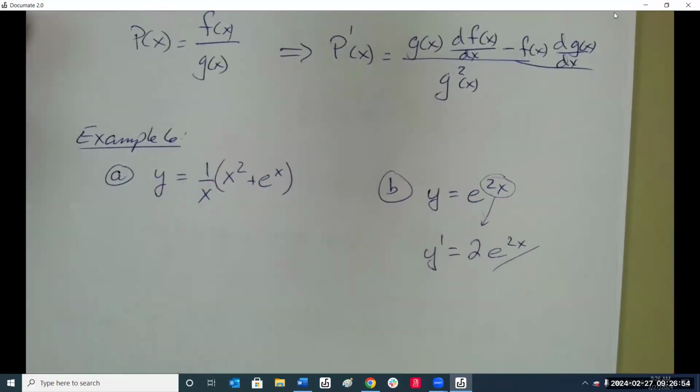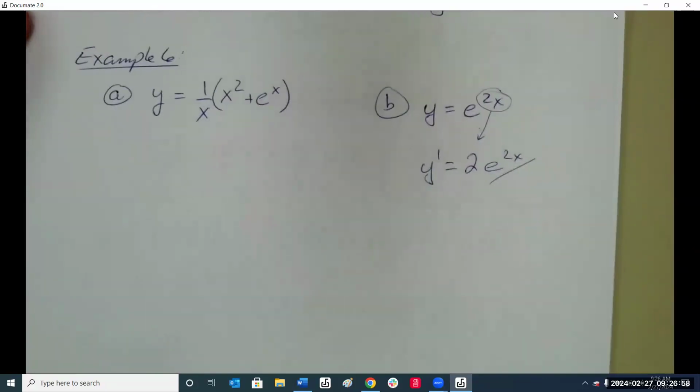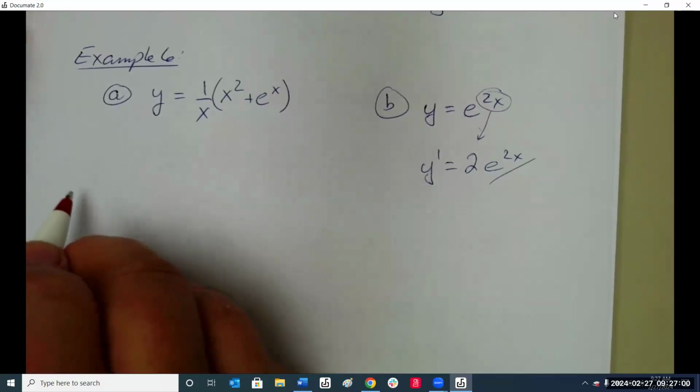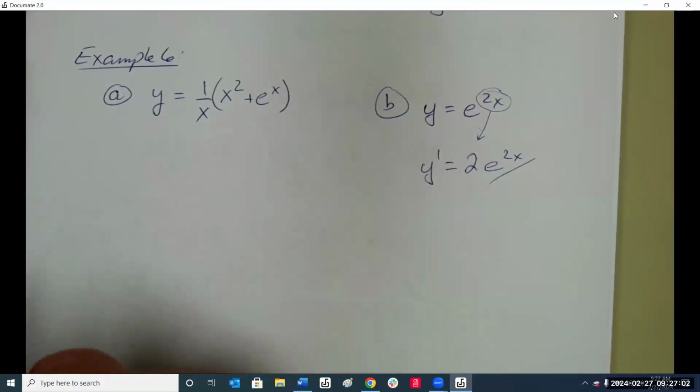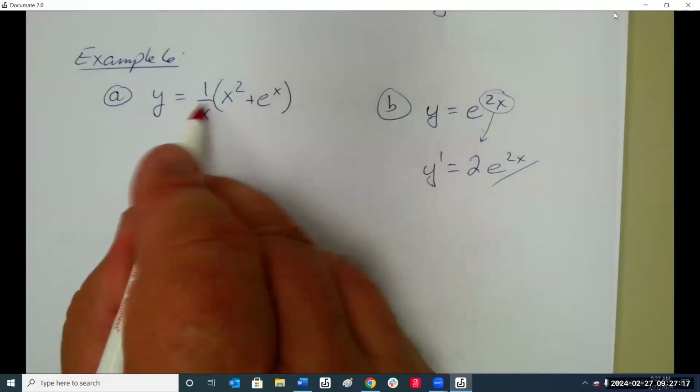Let's look at A. There are two ways you can do it. What are the two ways? You can't do that, you're multiplying.